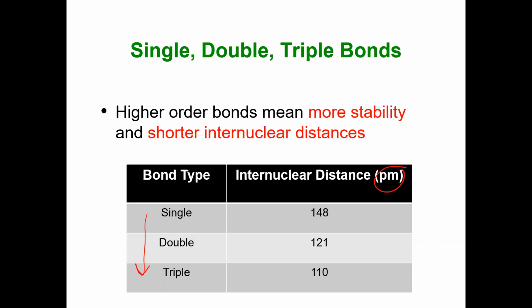And we see that a single bond, I believe this is for a single bond of carbon, this would be a double bond, and this would be a triple bond. But what we see is as we share more pairs of electrons, the bond gets smaller. It also gets stronger. It's harder to break.